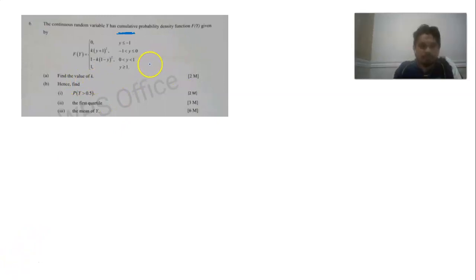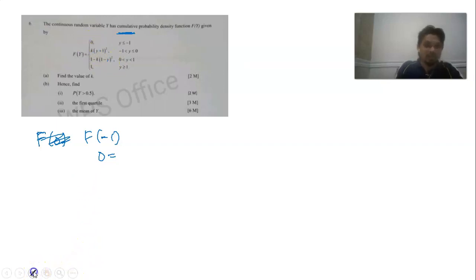Class, for a continuous random variable, whether you have y less than or equal to or greater than -1, we still consider -1 for this function and also -1 for this one. If F(-1), for the cumulative it is 0, and for the other one, -1 plus 1 equals 0. 0 squared is 0, times k equals 0. So 0 and 0, meaningless.